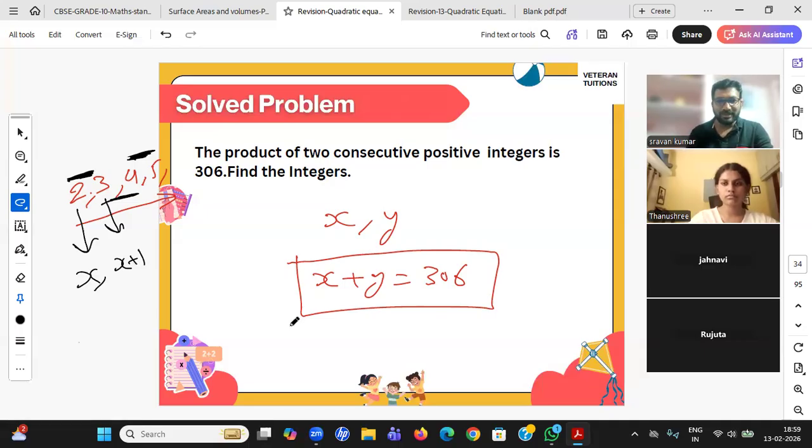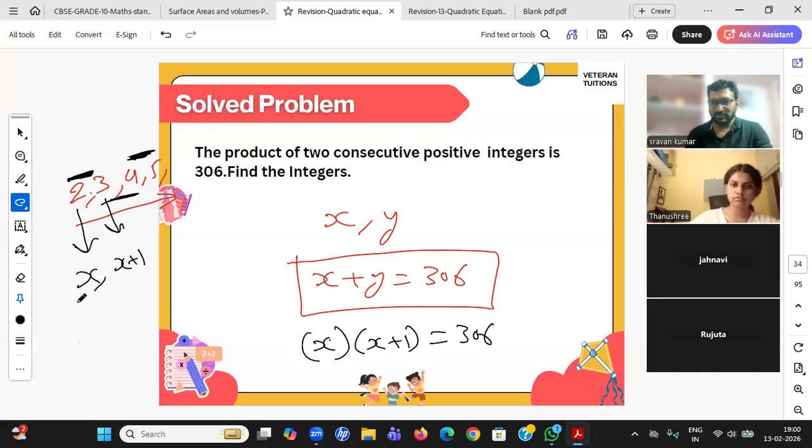And he said product, right? So x into x plus 1 equal to 306. Understood? Yes, sir. Okay, so whenever it says consecutive, it means just beside. If you're taking 2, the next will be 3. You're taking 3, next will be 4. So you can just take x and x plus 1.